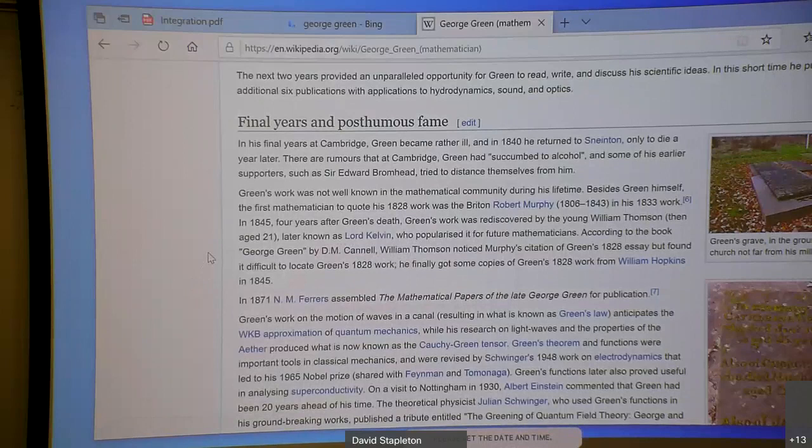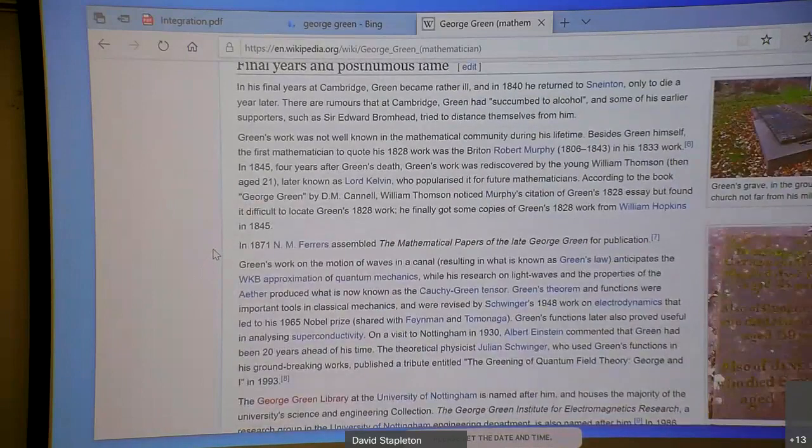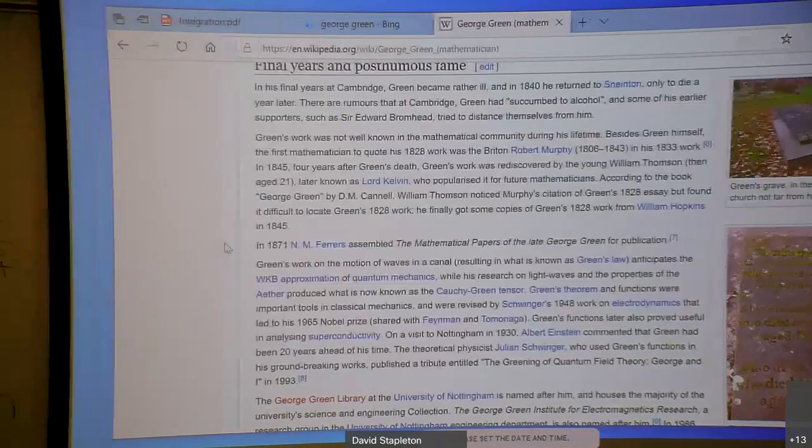In 1845, 4 years after Green's death, Green's work was rediscovered by young William Thomson, then age 21, known as Lord Kelvin, who popularized it for future mathematicians. Anyway, it sort of slipped by for a while. Well, let's see what his theorem says here.